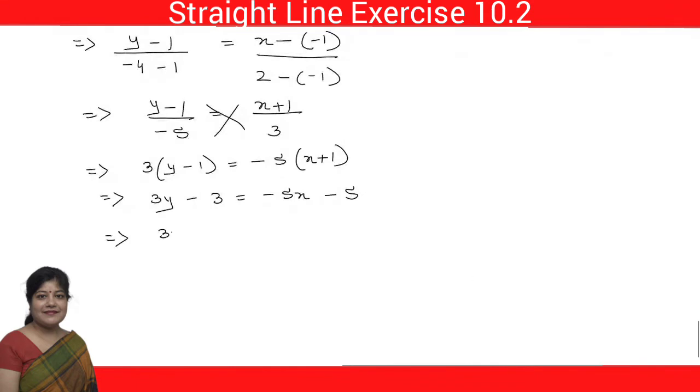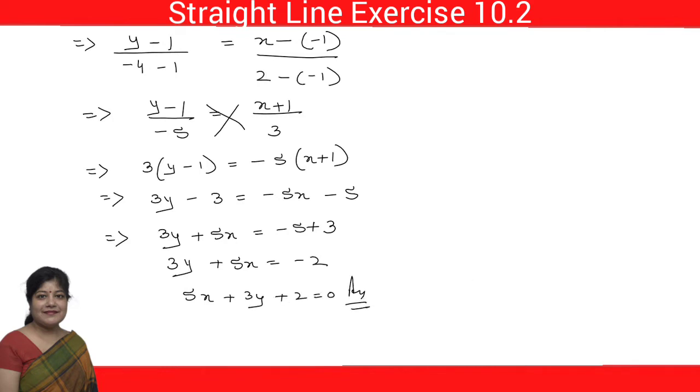So we have 3 over 5 plus 5 x, and this is minus 5 plus 3. So what is the equation of the line?